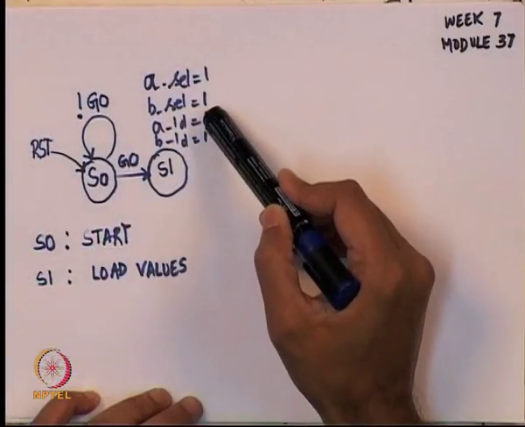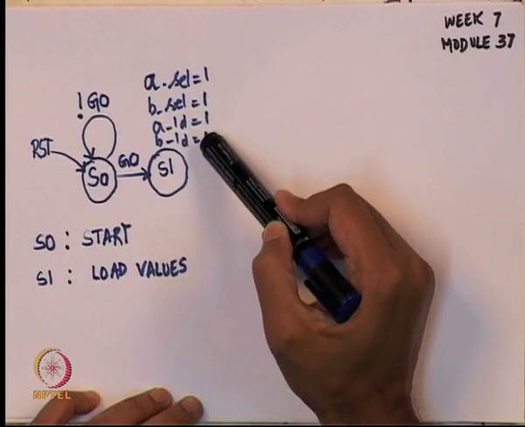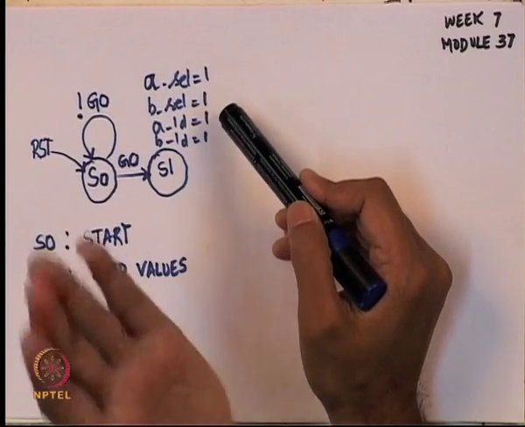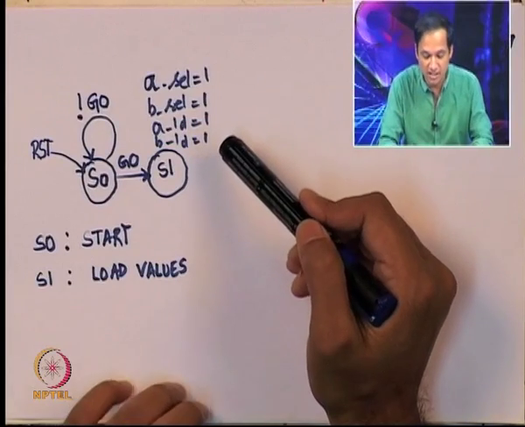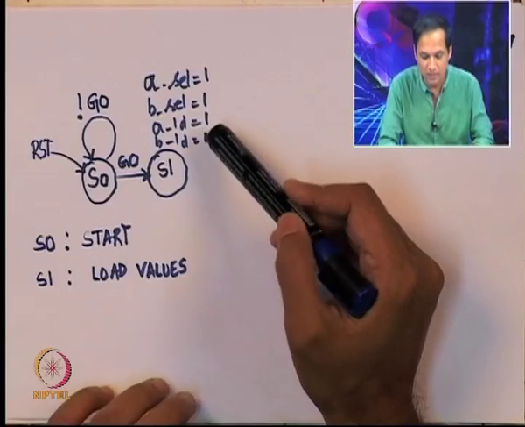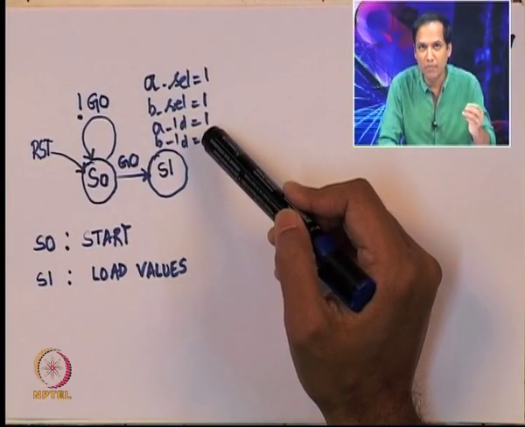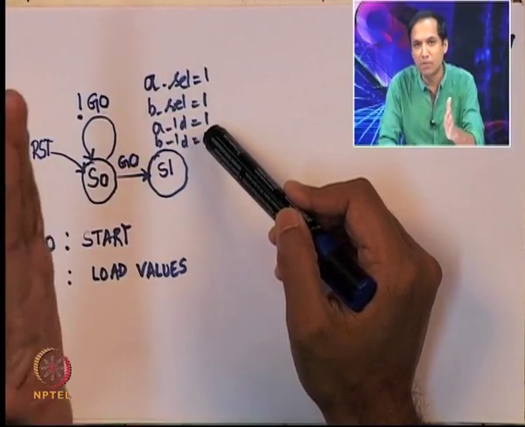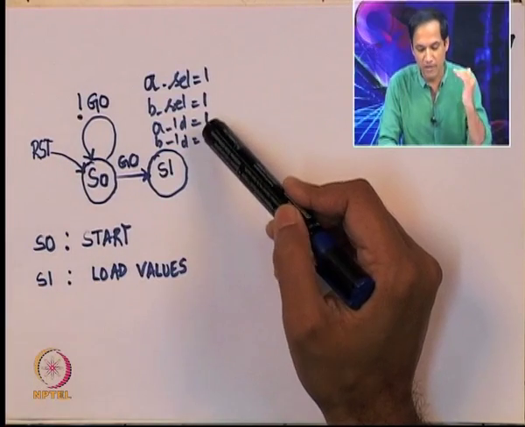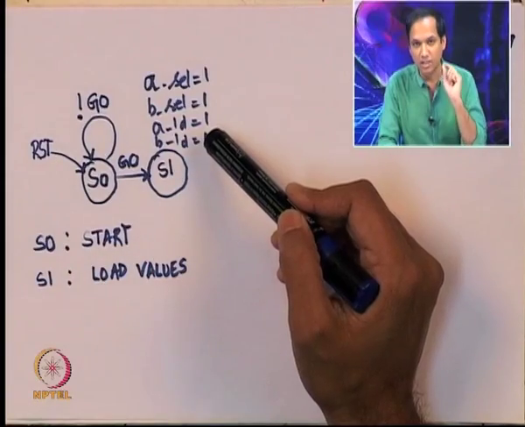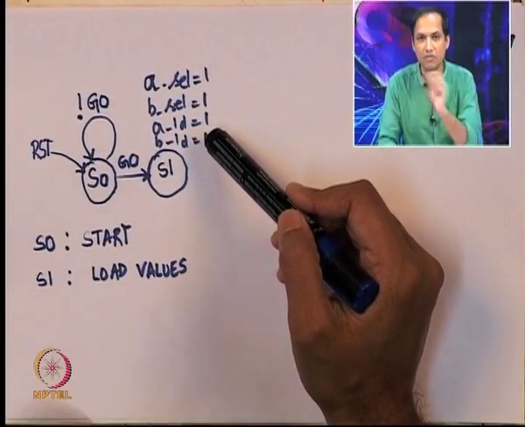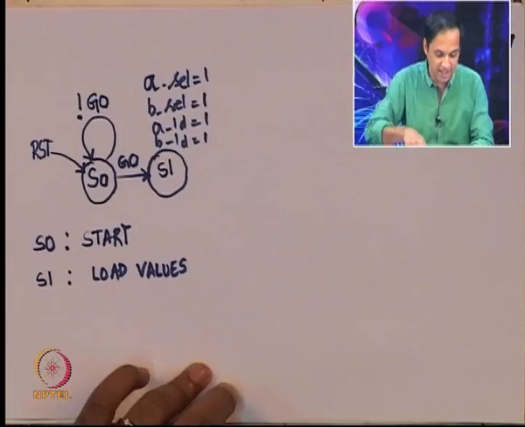Remember, once you place the control signals, let us say A load and B load equal to 1, only in the next clock cycle the values of A and B will be available in the register. A load and B load, both of them are inputs that are going to be sampled by our register, and when both of them are 1, the corresponding inputs will be copied, but the output of the register will be available only in the next cycle.